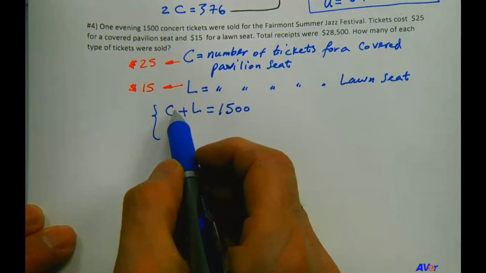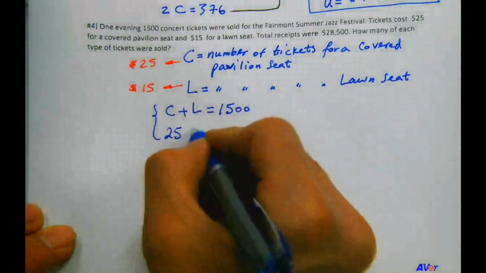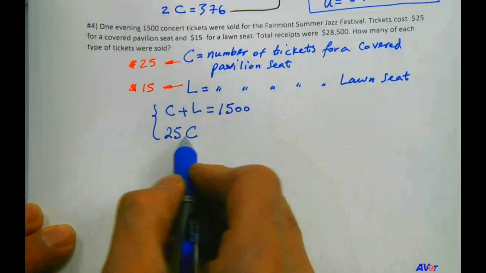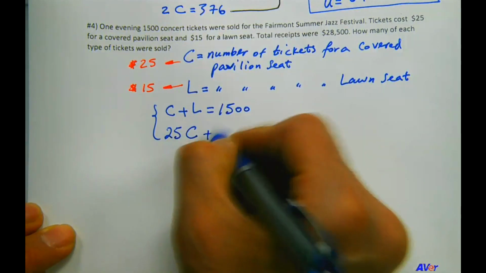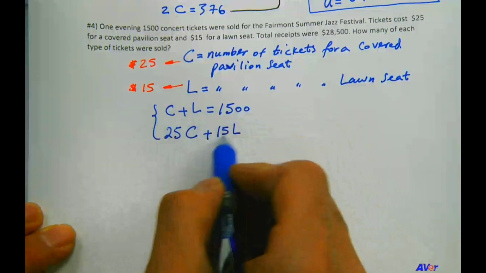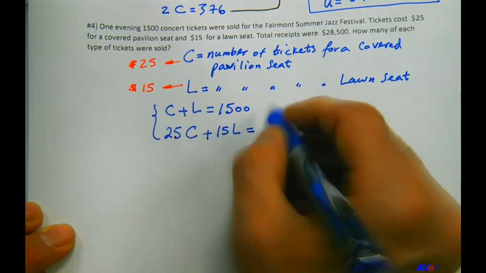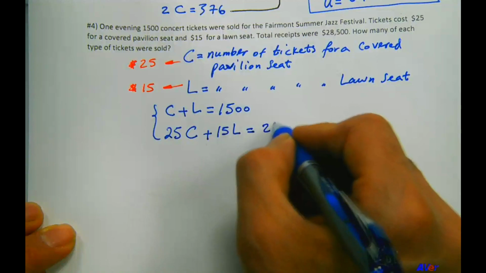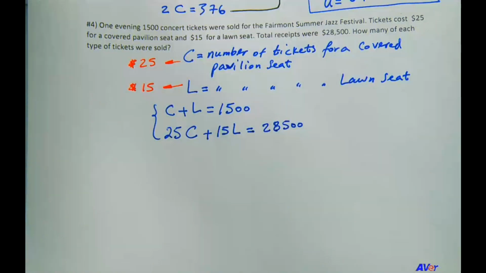That would mean that $25 a piece times the number of covered pavilion tickets, plus $15 a piece times L for each lawn seat, must equal $28,500. So right there, we have a system of two linear equations, and we know exactly how to solve these.